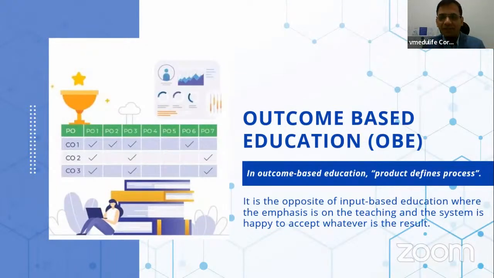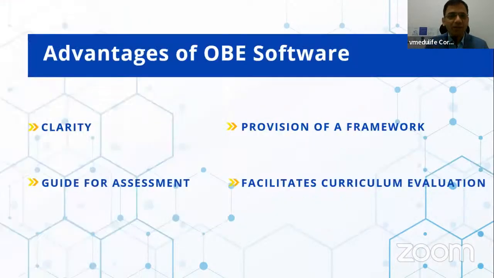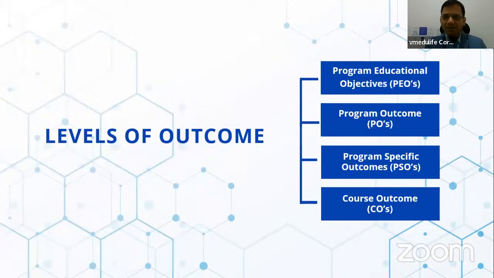This is the basic summary, the fundamental concept behind OBE. The very common terminologies are the PEOs, POs, PSOs, and COs. POs, PSOs, and COs are very familiar to all of us, because COs are defined and designed for our individual subject or course.